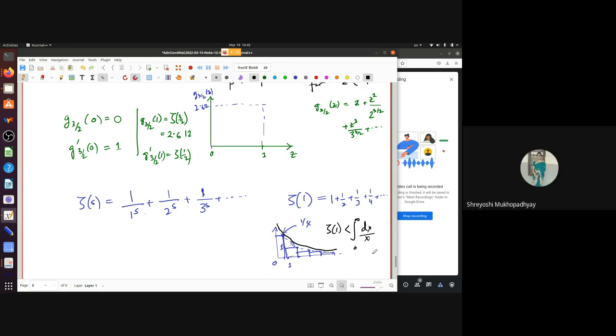So this is ln x. But what happens when you integrate that from 0 to infinity? What do you get? What is ln infinity? So it's infinity only. You're right.